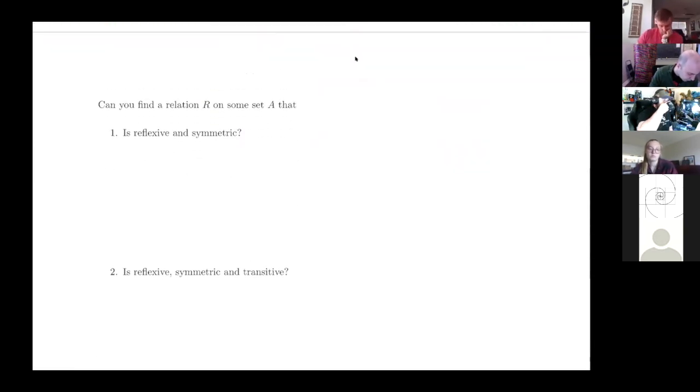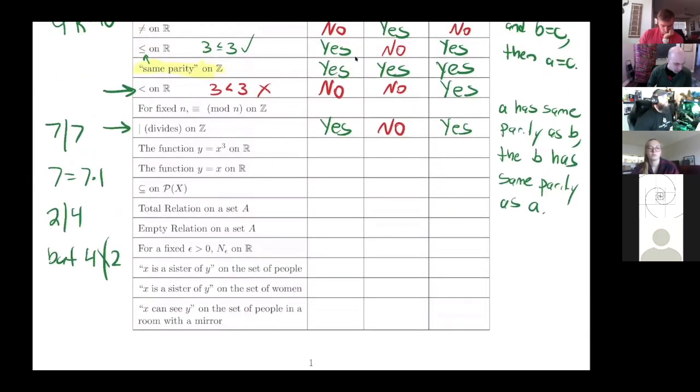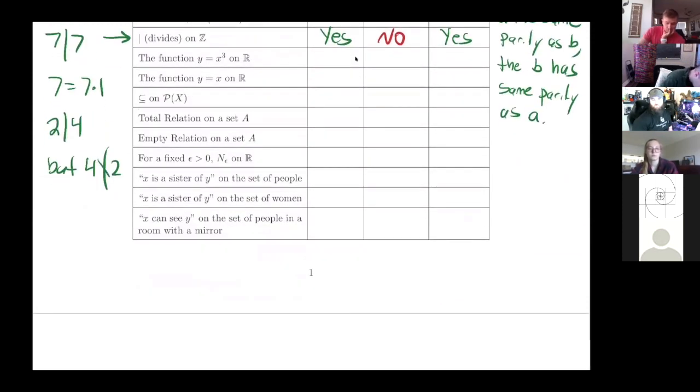Okay, so one thing that's good to note here is, given any set, the total relation. Remember, the total relation means that everything in the Cartesian product of A cross A is in the relation.